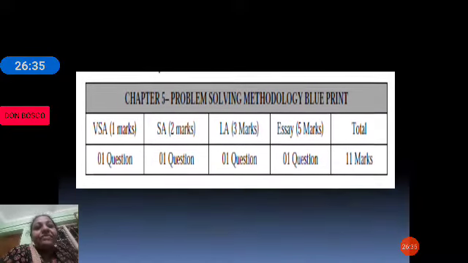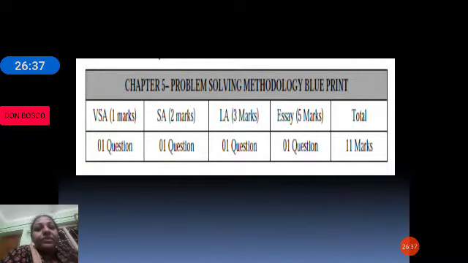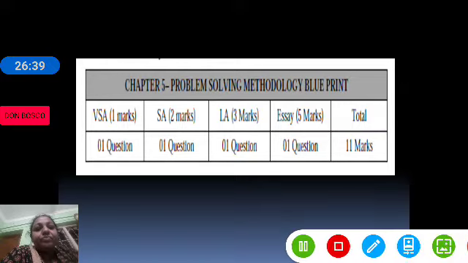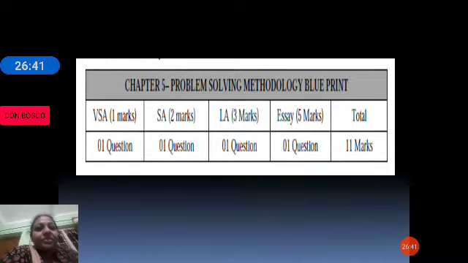Let's have a blueprint discussion. Let us have a look at the blueprint of this particular chapter. The blueprint says that from this chapter you will get one 1-mark question, one 2-mark question, one 3-mark question and one 5-mark question, in total 11 marks.